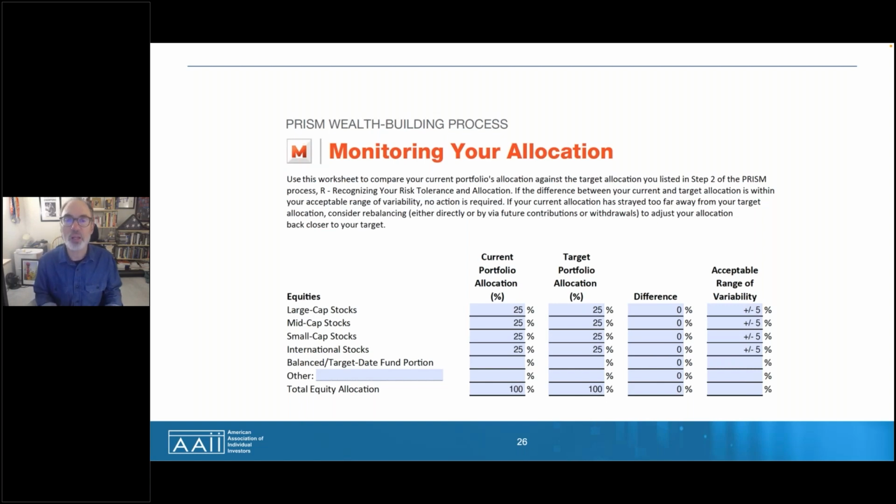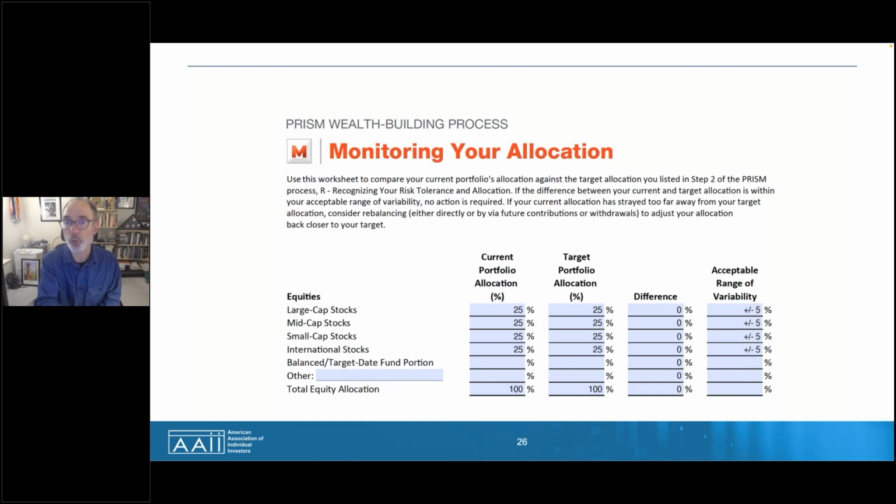And when it comes to rebalancing, you can either sell some of the assets that are overweighted, or alternatively, if you're a saver, you can orient your savings towards your portfolio, but you have to realize, depending on the size of your portfolio, that may not be enough. Or if you're in the withdrawal stage, you can target withdrawals from the over-allocated asset class.